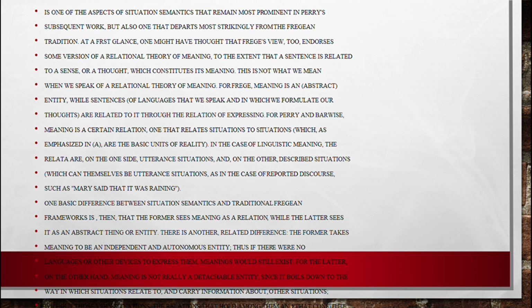Thus, if there were no language or device to express them, meaning would still exist. For the former, on the other hand, meaning is not really a detachable entity, since it boils down to the way in which situations relate to and carry information about other situations.